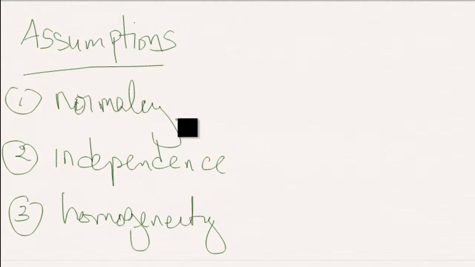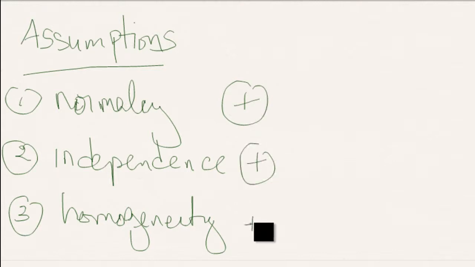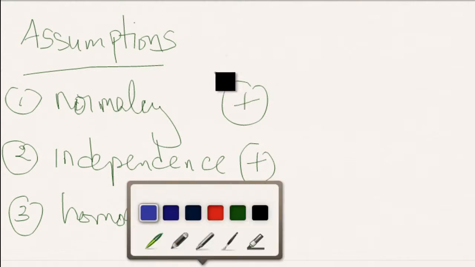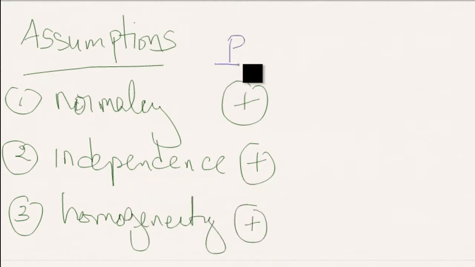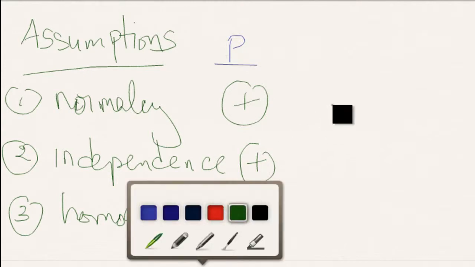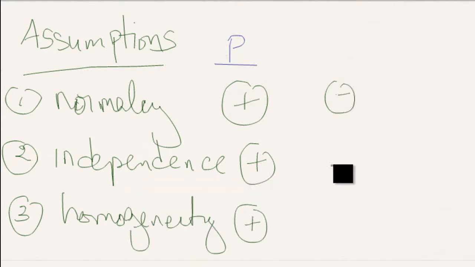Now, if these three are met, which means that the data you're working with has a normal distribution, is independent, and has homogeneity, then you can use parametric testing. If, however, the data doesn't meet one of these criteria, then you've got non-parametric testing.